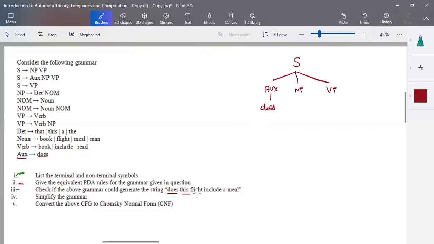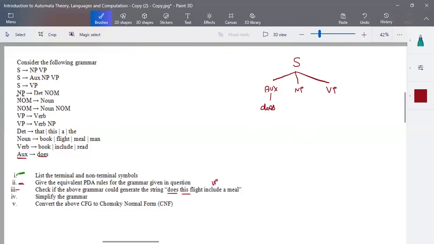Next, I want 'this flight include a meal'. Include is a verb portion, we know that. From the noun phrase, we try to take 'this flight' alone. If we can derive 'this flight' from the noun phrase, we can proceed with the remaining elements. 'This' is given in Det.